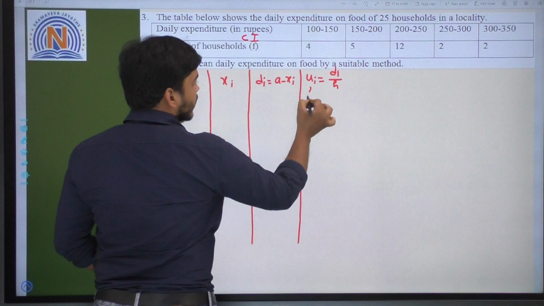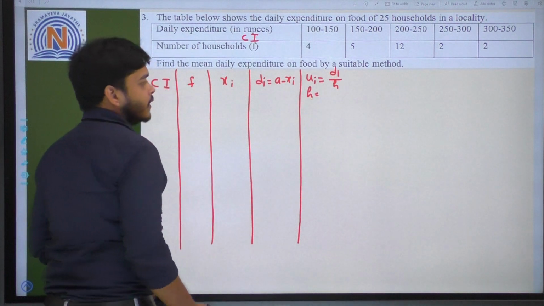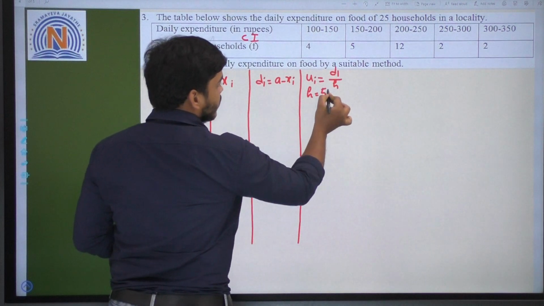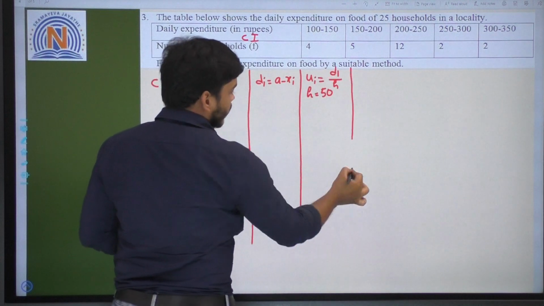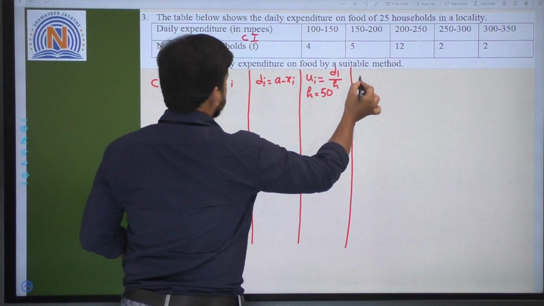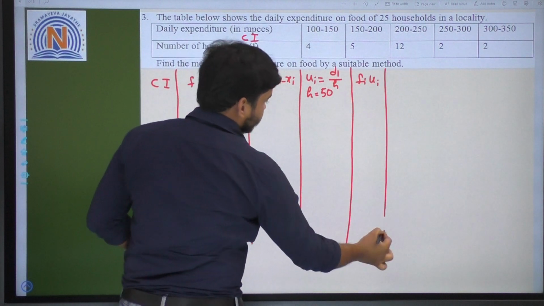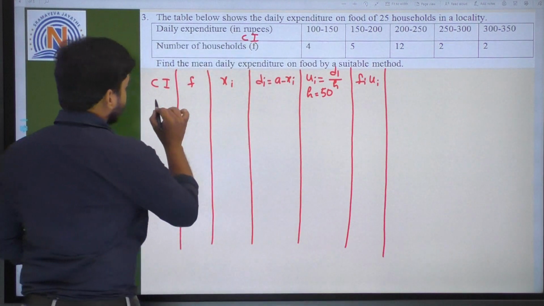Here h can be any value, but for simplification I am taking h as 50 for this problem. The last column is fi into ui.